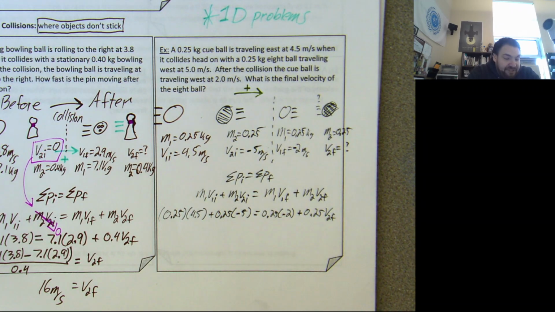So if you take a look at what happens here, I still want to isolate for V2 final just like I wanted to do over here. So to isolate for V2 final, I want to get rid of everything that's on the same side of the equal sign as V2 final.